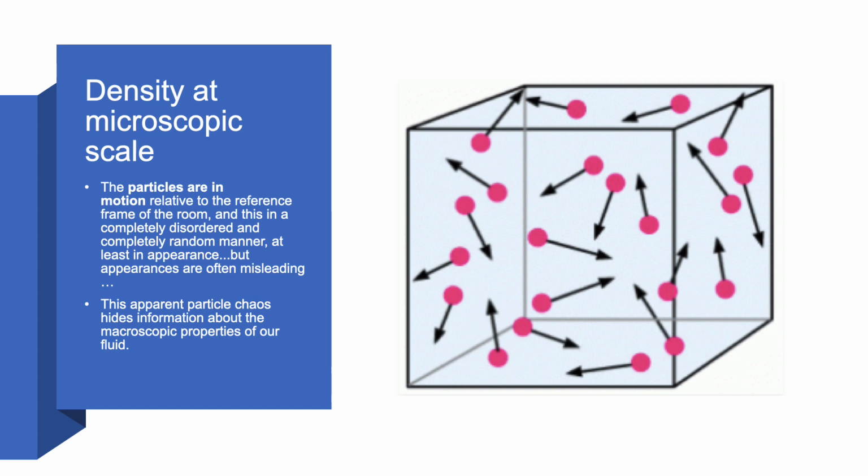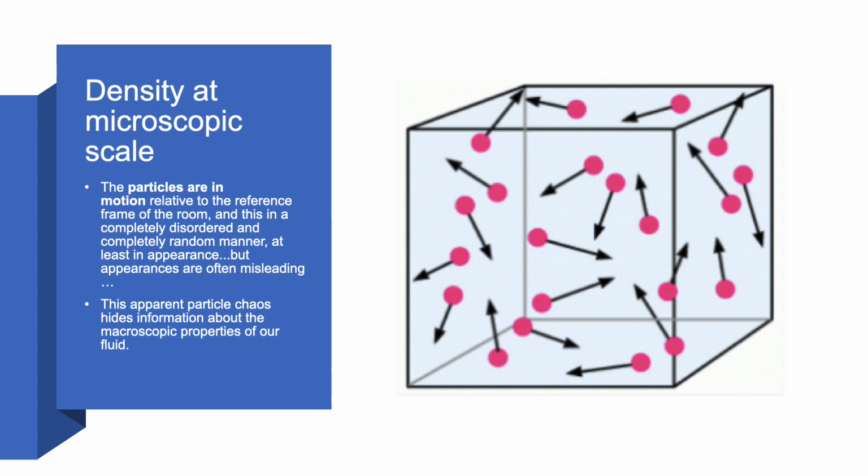The first quantity we'd like to find out is the density at microscopic scale. If we look at those particles, they are in relative motion in this room, and it looks completely disordered and completely random, but appearances are often misleading.